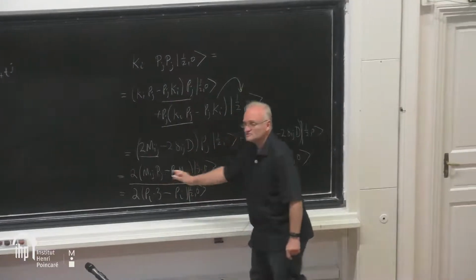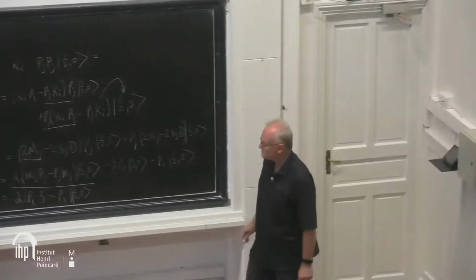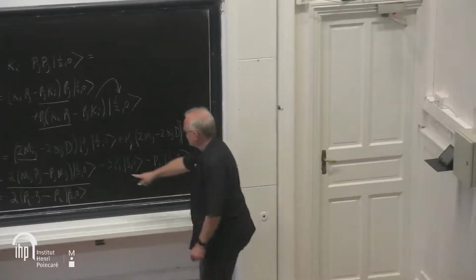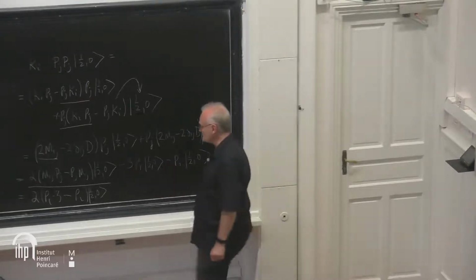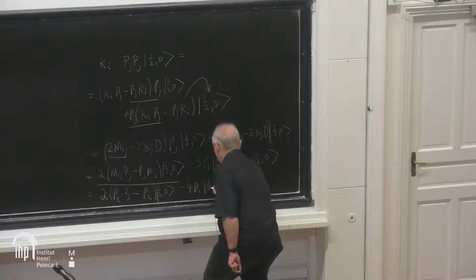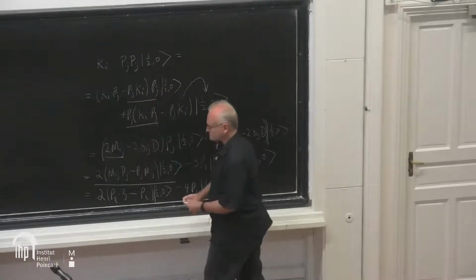So I did nothing but use the commutator between M_ij and P_j. I just have to set 2 indices equal to each other. And then minus 3 minus 1, this is minus 4 P_i |1/2, 0>.